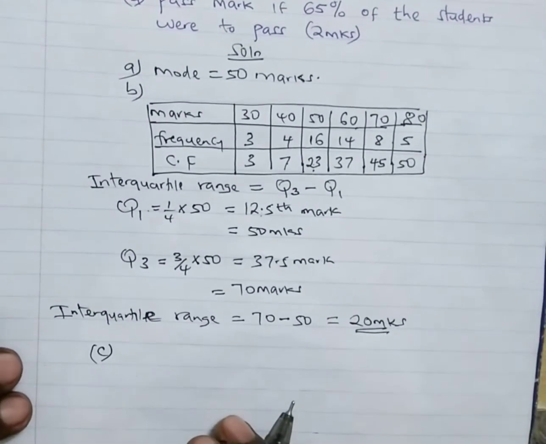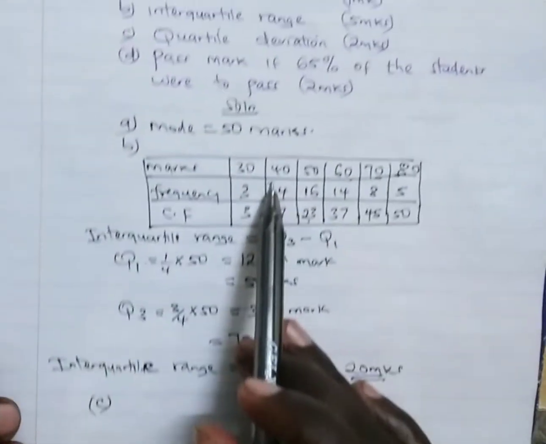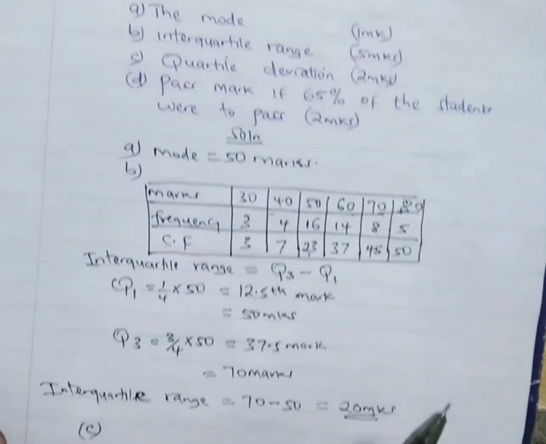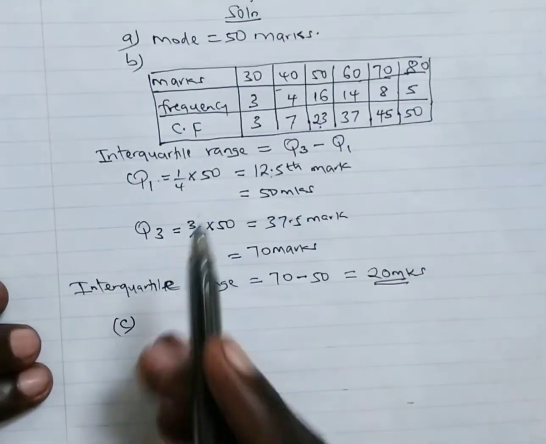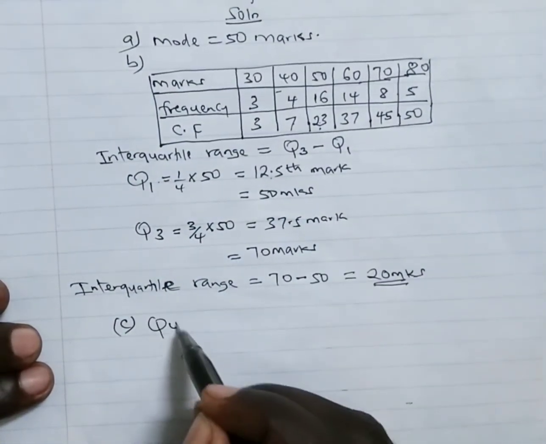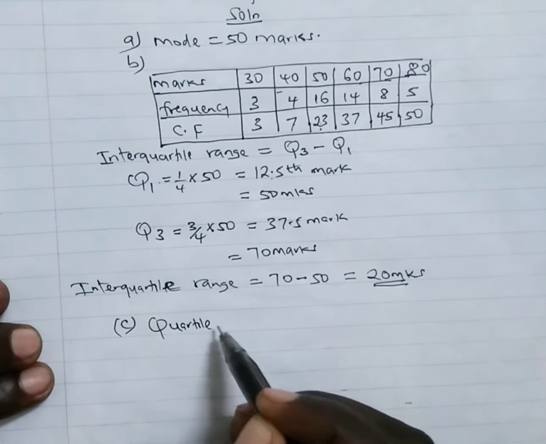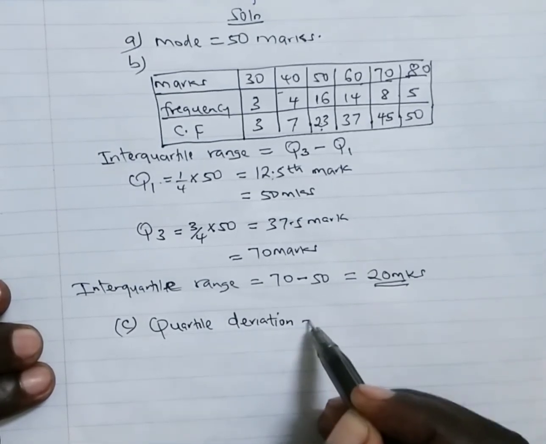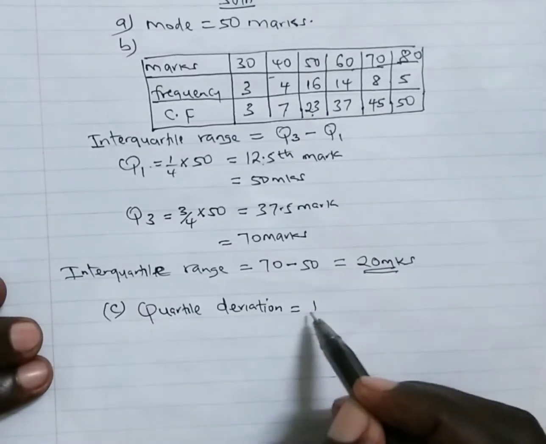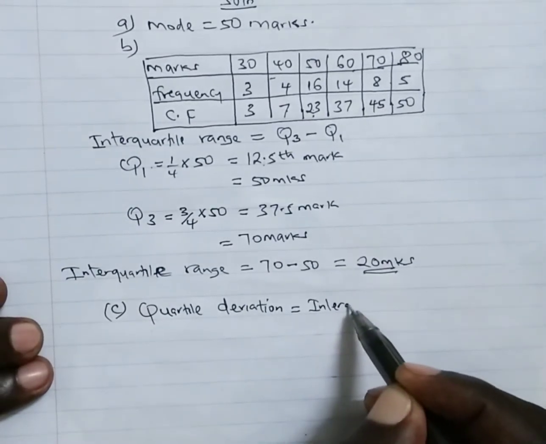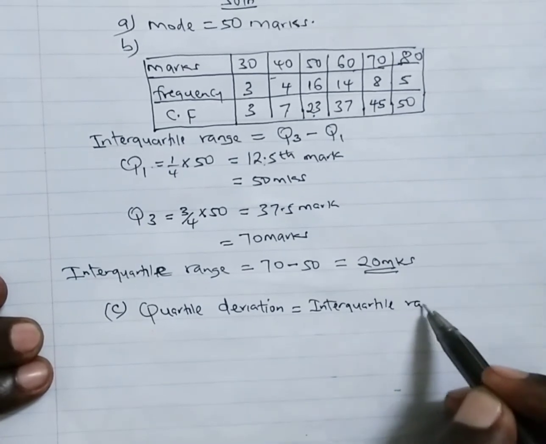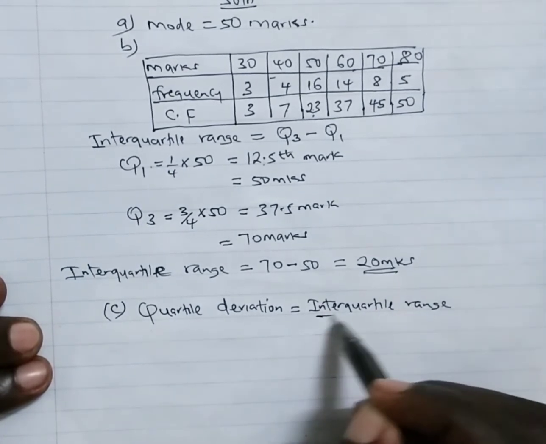In part C, we are supposed to calculate the quartile deviation. The quartile deviation is usually given by the interquartile range divided by 2.